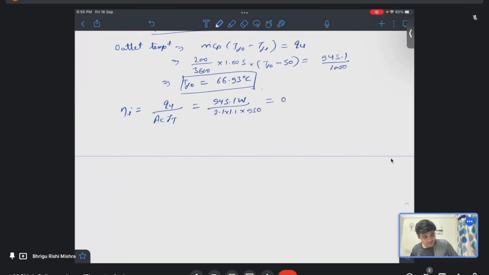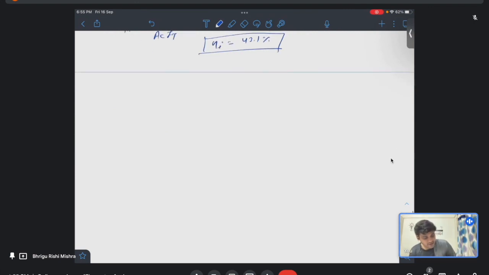Solve this, it is 0.431. So eta equals 43.1%.